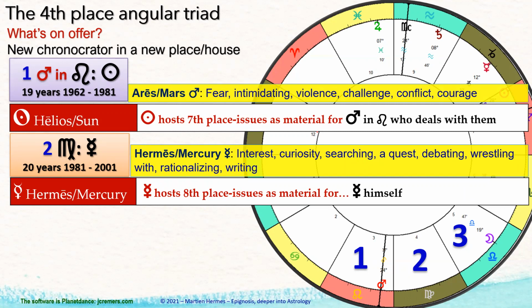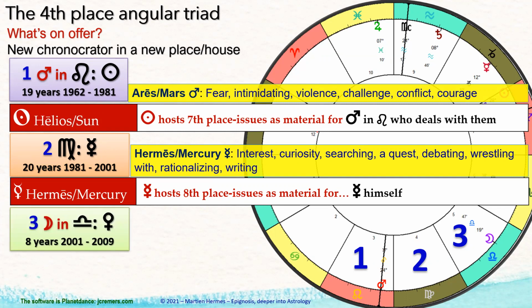So that's what Mercury normally does. And here he is a bit in the dark, simply because he's in the eighth place, so that could be soul searching or something of the kind. It has to do, of course, with fourth place issues, where the Virgin herself is acting, because that's her lot in your life, what is allotted to the fourth place by being the image of the Virgin.